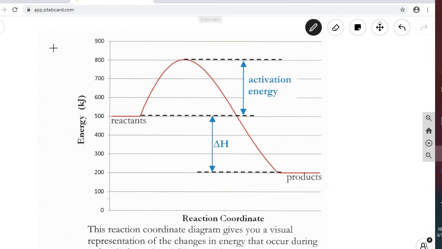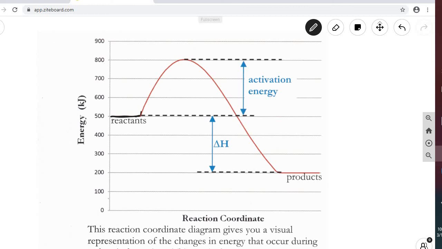So we don't need to worry too much about the x-axis. So here we see that the reactants of this reaction start out with 500 kilojoules of energy, but then this reaction won't proceed because there's not enough energy.